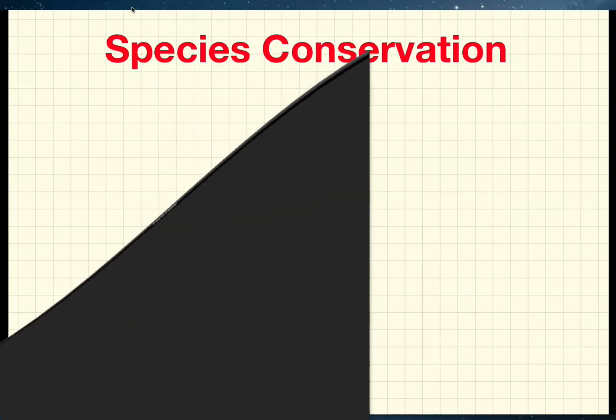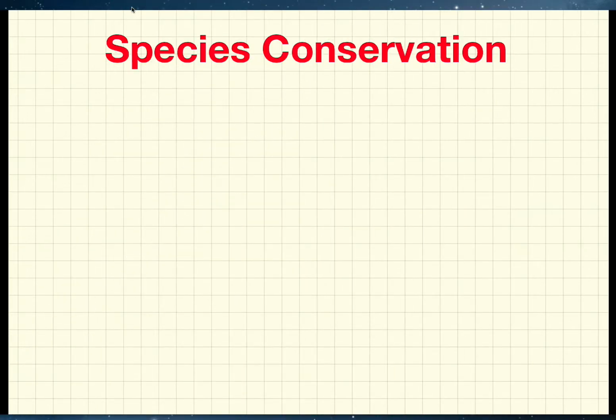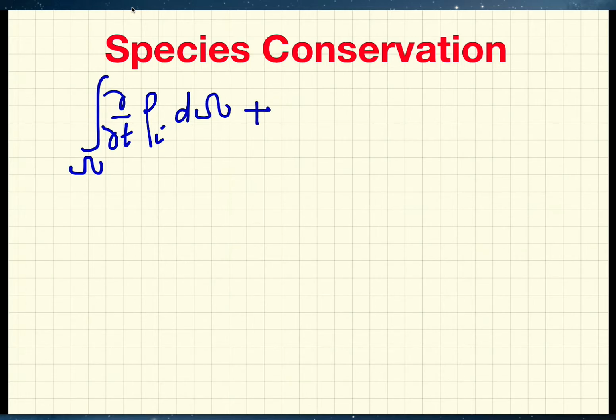So in the beginning, what we will do is we will look at the species conservation as the sum of all of the rate of change of the concentration of species I, which is denoted by rho sub I, plus whatever is crossing the boundary.